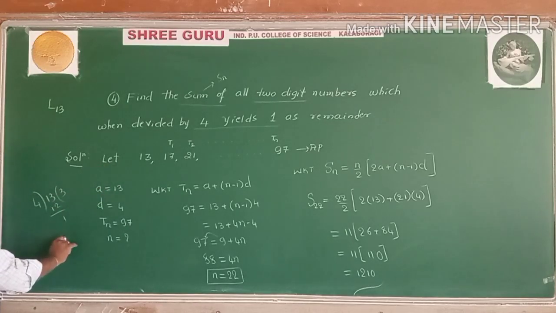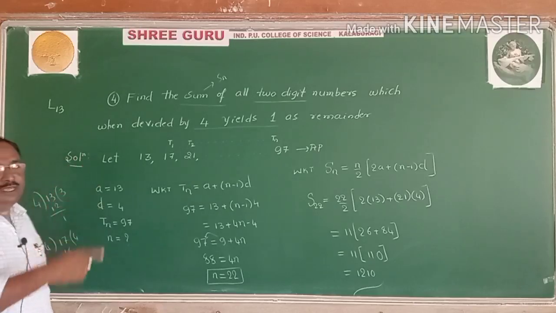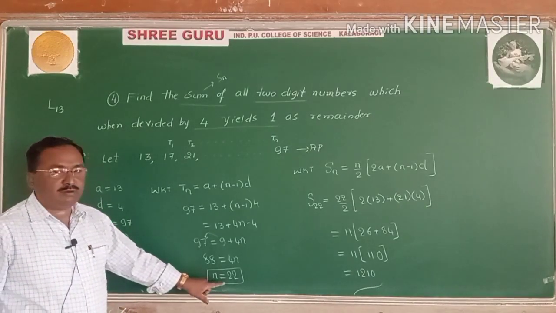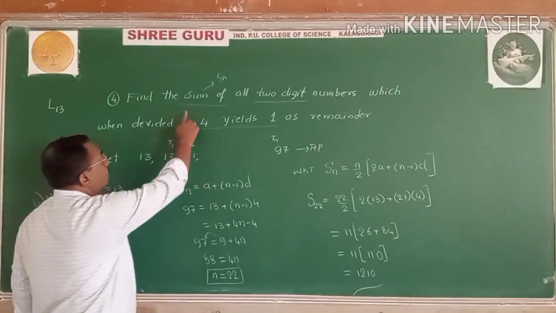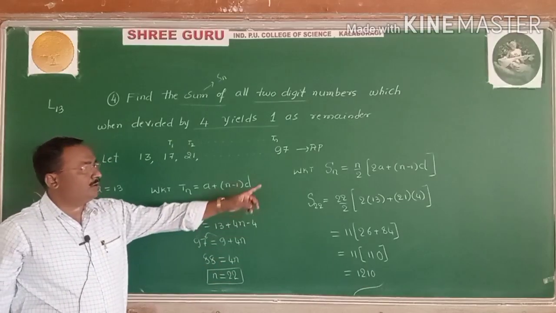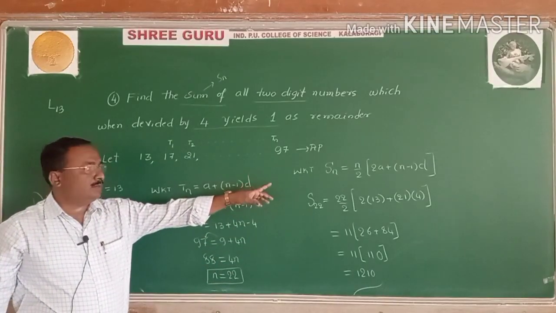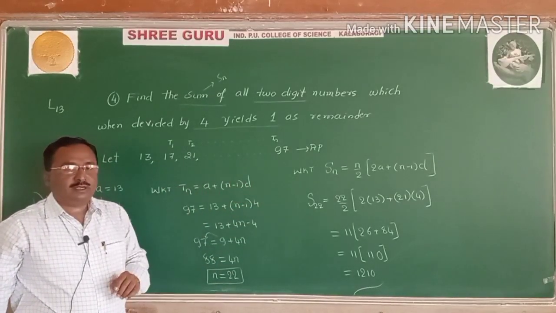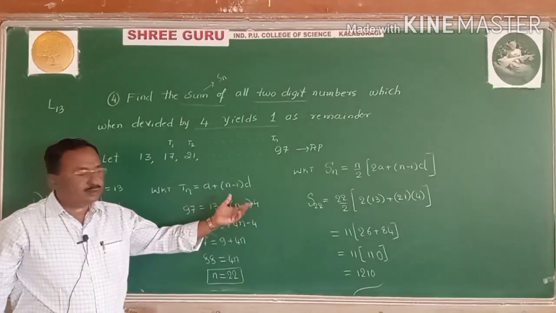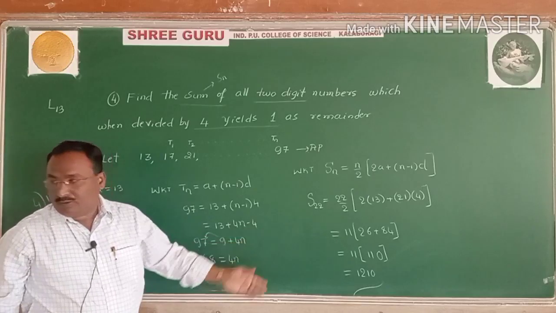Next 17: 4 fours are 16, remainder is 1. Those numbers we consider, and the number of terms n is equal to 22. Sum means Sn, and Sn is equal to n by 2 into 2a plus n minus 1 into d. That is the formula. Number of terms n is 22. Substitute, we get 1210.